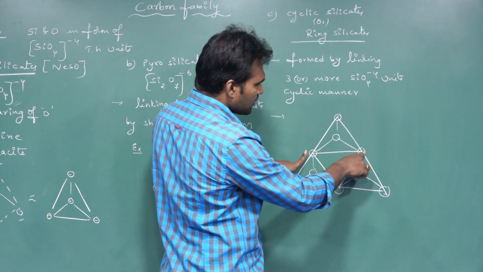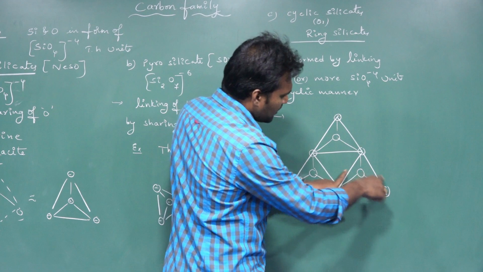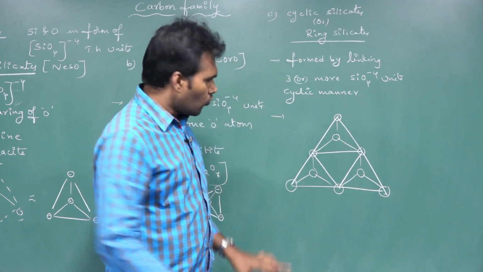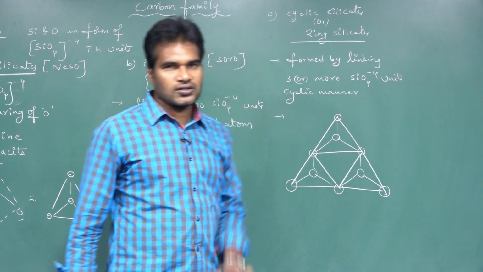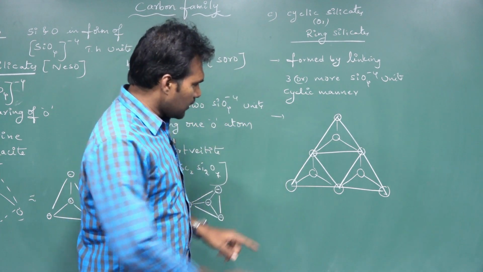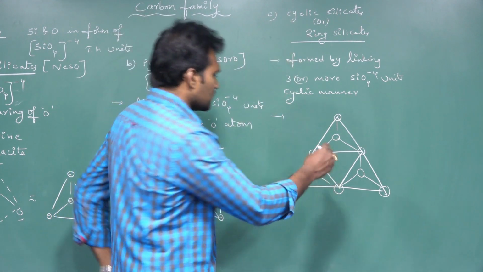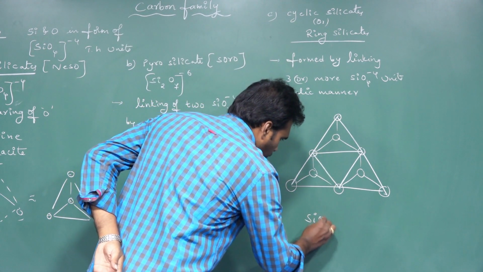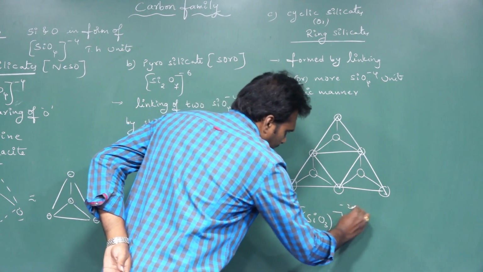Here these 2 corners are sharing. This corner is shared with this tetrahedral unit, and this corner is shared with this tetrahedral unit. Overall, each tetrahedral unit shares 2 oxygens. And what is the general formula of these cyclic silicates? That is SiO3 to the power n, with charge minus 2n.